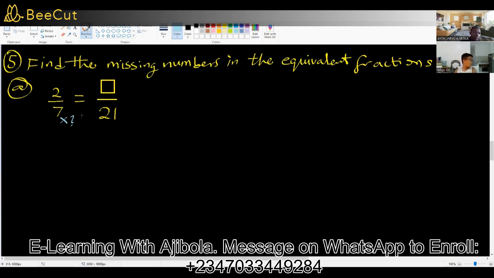So that means we can say 7 times 3, okay? Then use the same 3 to multiply the numerator. If you use the same 3 to multiply the numerator, what will you get? What is the answer here? 6.